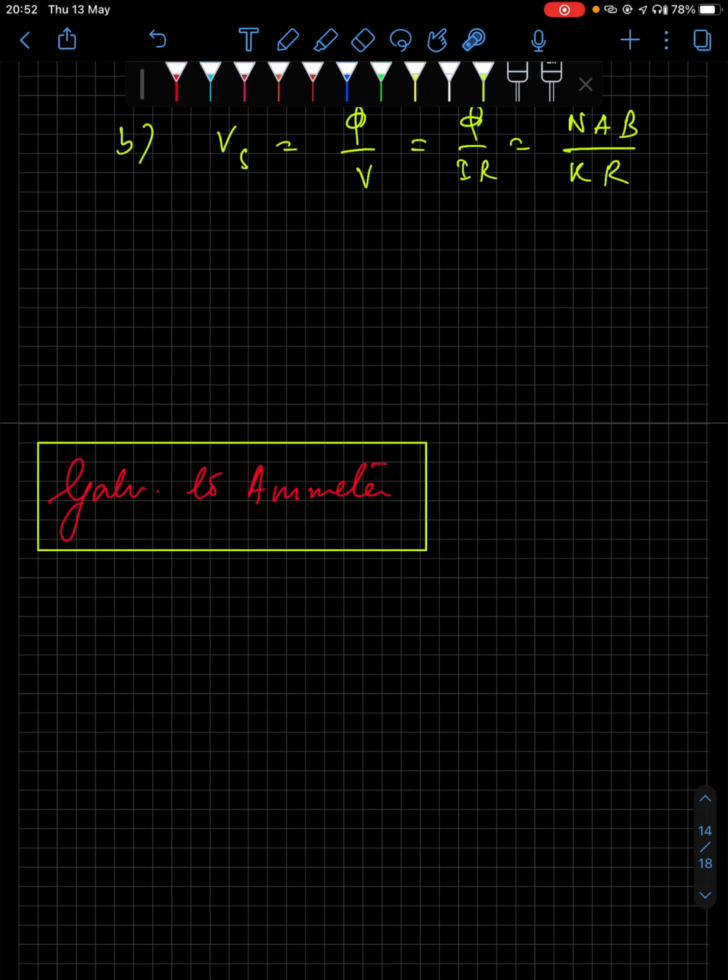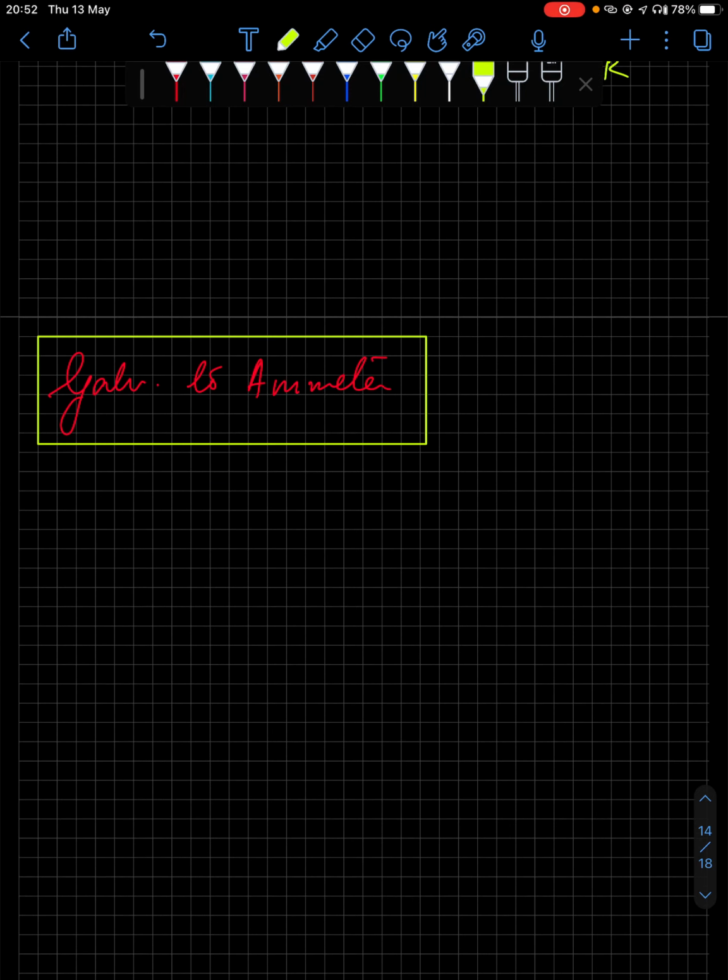So to obtain low resistance, say you have this galvanometer initially. Okay, so this is the galvanometer. Now with this galvanometer we'll connect a very small resistance, which we call a shunt.